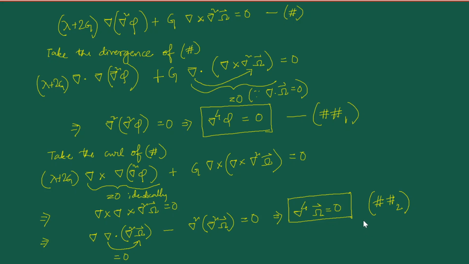Very carefully note that we obtain these things under the consideration that, first of all, the divergence of omega vector has to be equal to 0. Furthermore, the body forces have to be 0. And only then the general Helmholtz representation of the displacement vector in terms of a scalar potential and a vector potential gives us these kinds of simplifications, and we can actually try to solve for this.